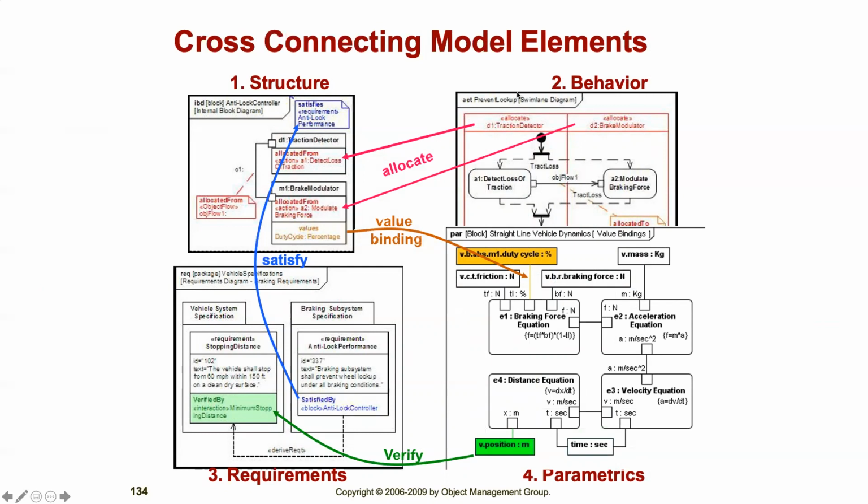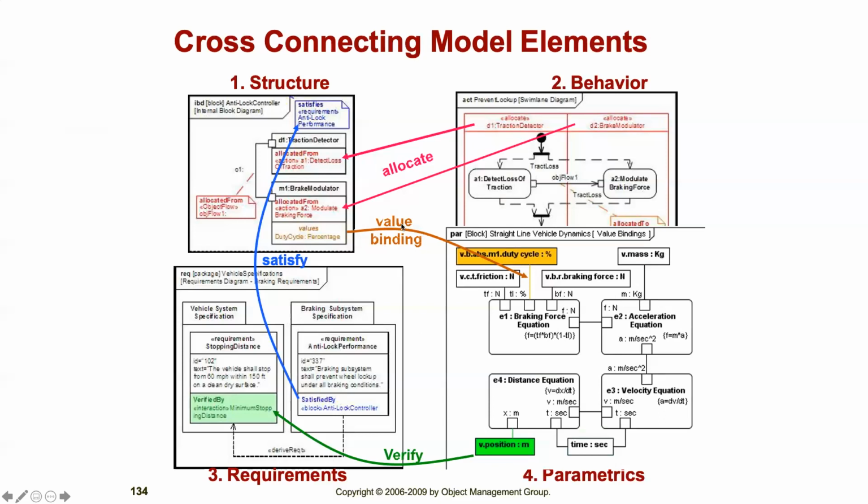So we can have like the requirements. And so how do we verify the requirements? We get into a parametric thing listed here. How do we do a satisfy for something that's listed in the requirements? And so here is showing a relationship between an internal block diagram and a requirement.